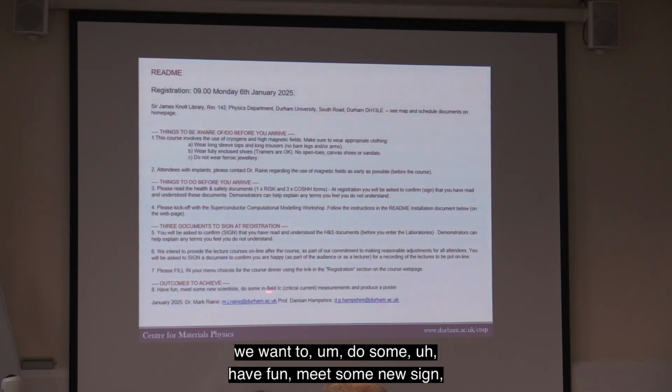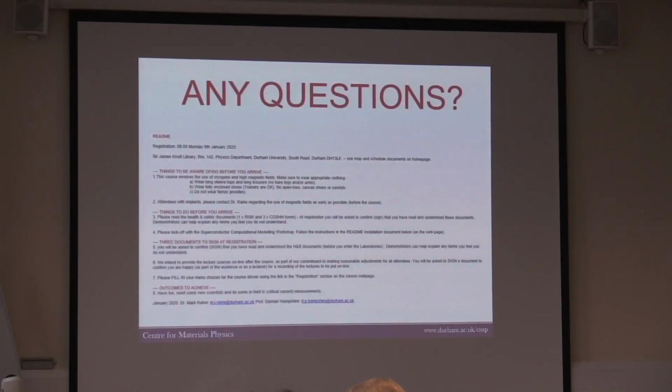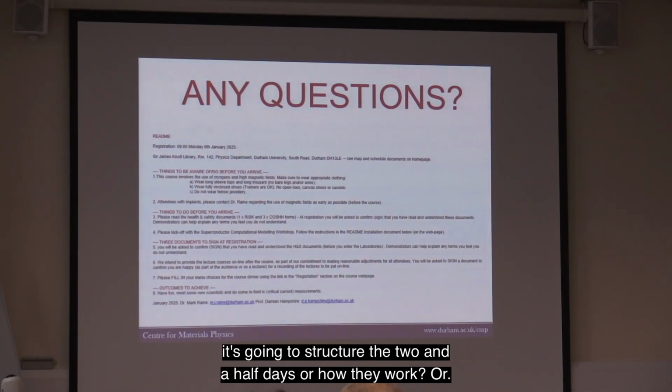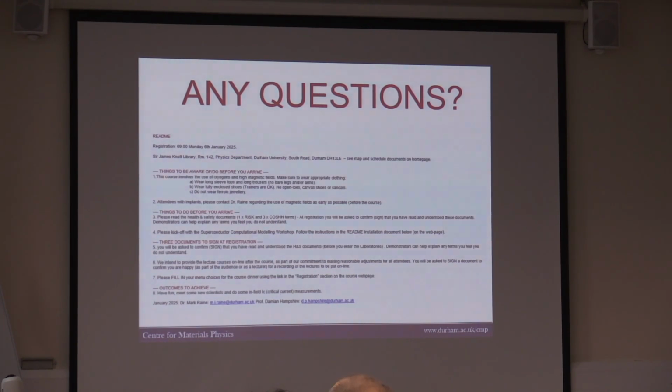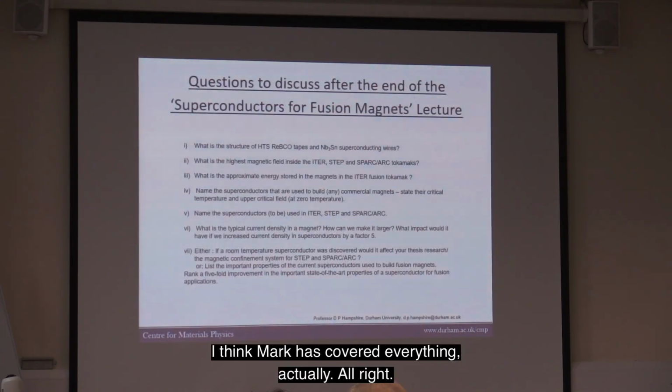We want to have fun, meet some new scientists, do some in-field IC, critical current measurements, and then we want to produce the poster. Does anyone have any questions about the structure of the talk, or the structure of the 2.5 days, or how they work? Or, I think Mark has covered everything, actually.